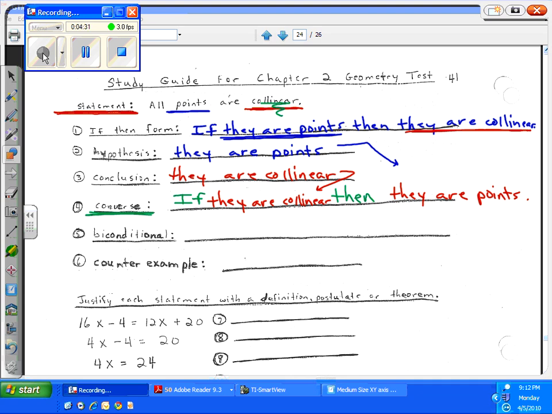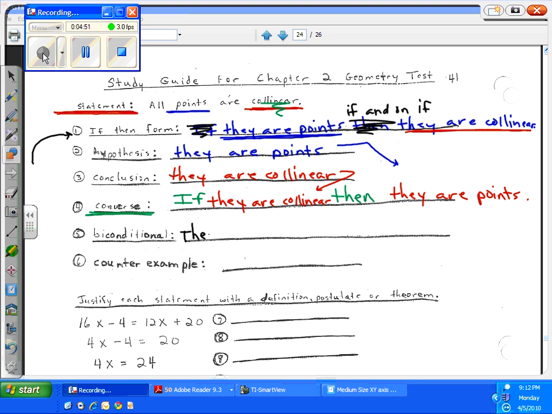To write a biconditional, we would go back to the original if-then form. We would drop the if and drop the then and put if and only if where the then was.